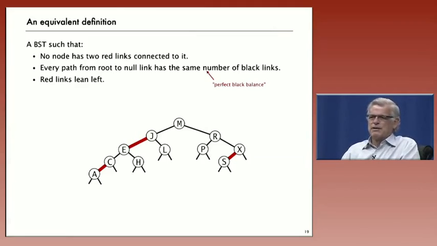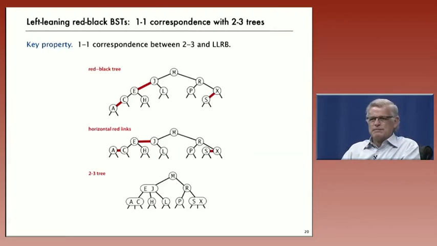That just follows directly from the corresponding property for 2-3 trees. A left-leaning red-black BST has perfect black balance. And all the red links lean left. So given a BST with some of the links colored red that has those properties, that's going to correspond to a 2-3 tree. And that's a key property, this one-to-one correspondence between 2-3 trees and left-leaning red-black trees.